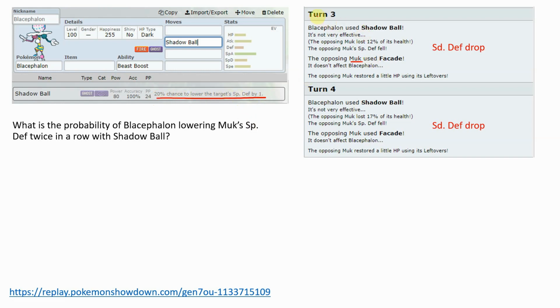And you can see, in successive turns, I have lowered the special defense. So we're just going to try and calculate, well, what is the probability of that happening? A lot of people might still think it's 20% just because that's what the statistic says here. But we know that, well, we can set up turn 3 and turn 4.